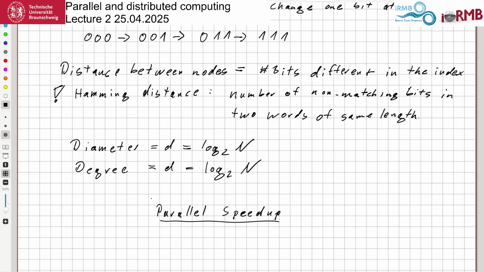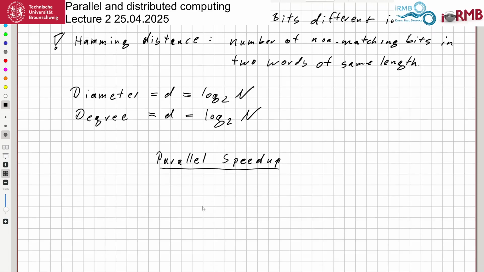And this has certain implications and limits that we have to take into consideration. So some limiting factors in parallel computing.